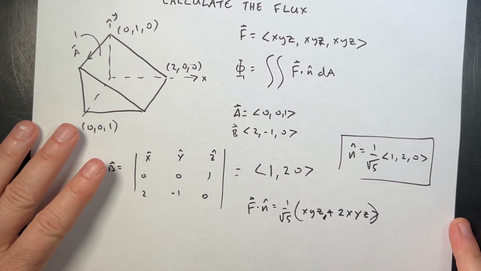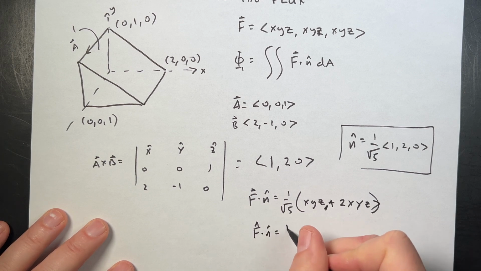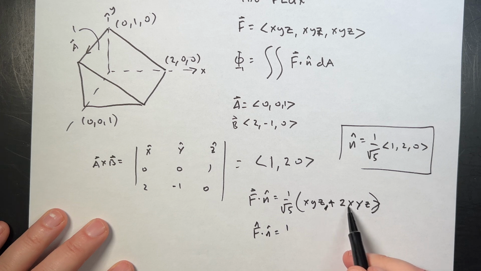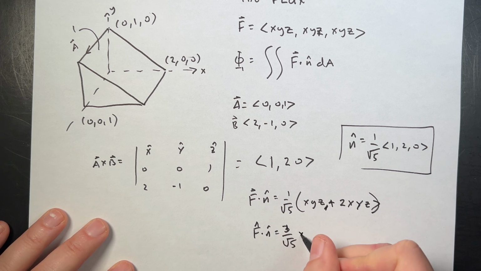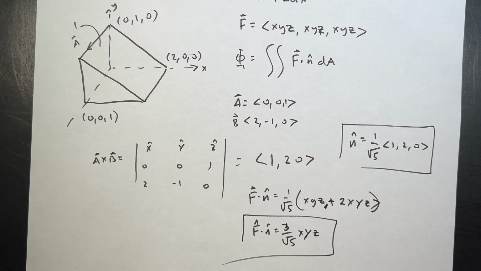Putting this all together, I get 1 plus 2, so F dot n hat is 3 over the square root of 5 times xyz. So that's the function I want to integrate over that surface.